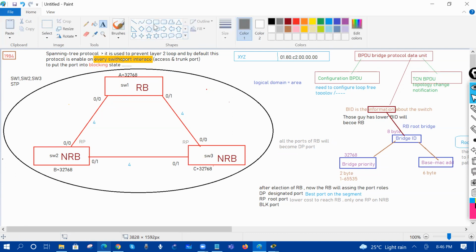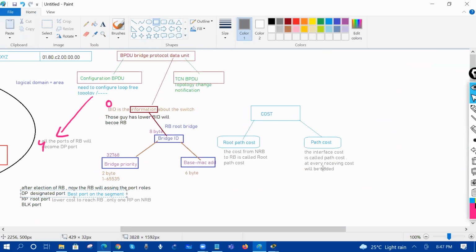Because what is the criteria of the designated port? The best port on the segment. How do I calculate the best port? Lower cost. So tell me one thing: this interface, the root's, has a cost of 0, because it is going to send the BPDU. So the cost is 0 going out. When it is received at this point, the cost is 4, because at the receiving point the cost is added.